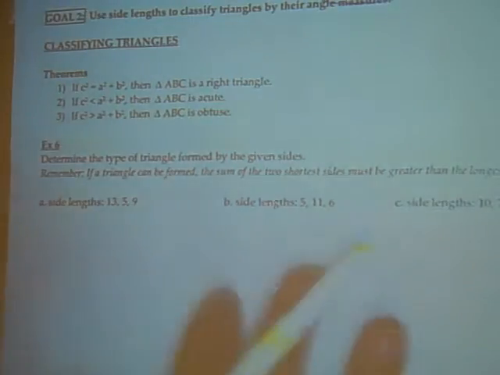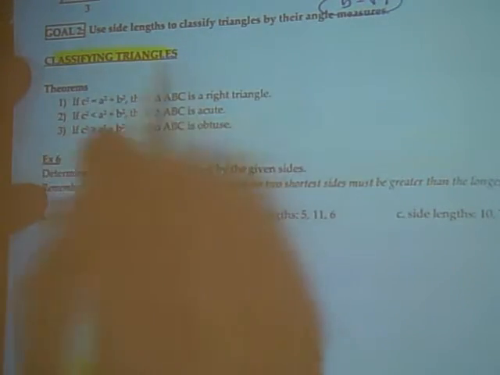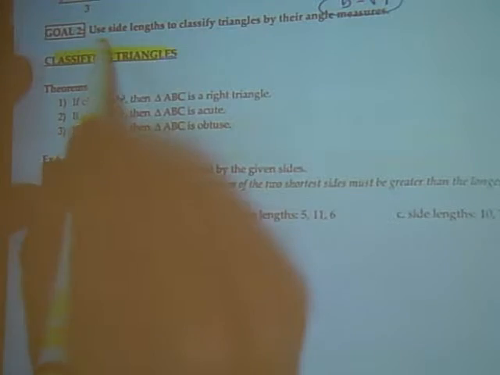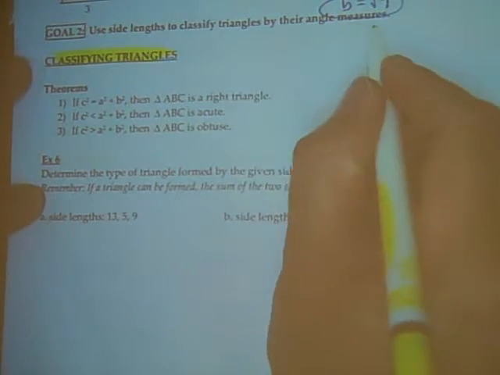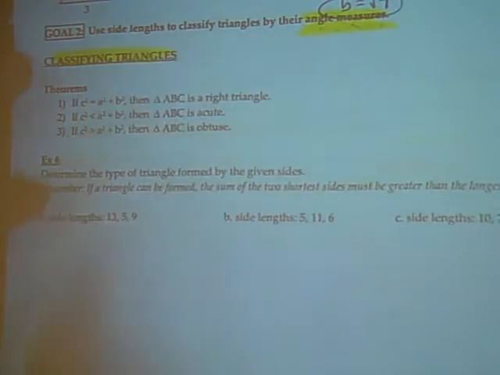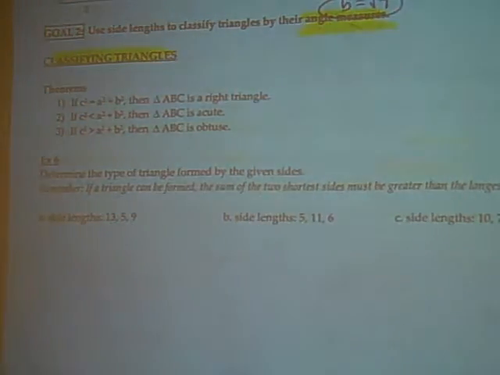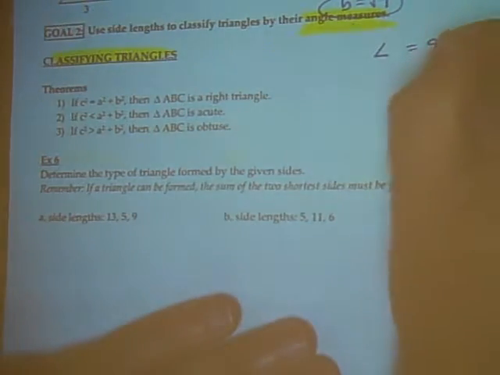Now into our last part, we're going to talk about classifying triangles. Okay, so use the side lengths to classify triangles by their angle measures. Okay, as we already know, a right triangle is going to equal 90 degrees.